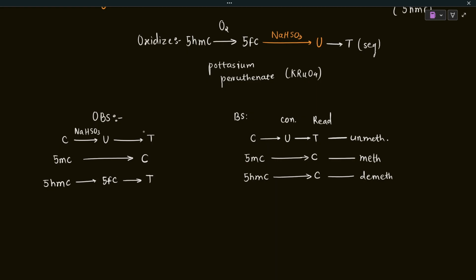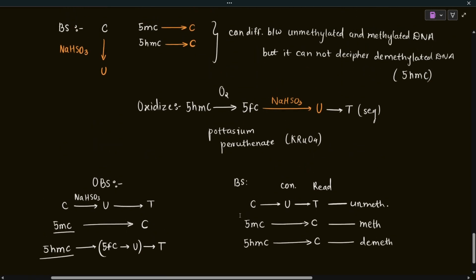So it's one more step that it is converted into uracil, and then it is read as thymine. This is the difference. So now you can differentiate between 5-methyl cytosine as well as 5-hydroxymethyl cytosine in oxidative bisulfite sequencing, and this is how oxidative bisulfite sequencing is able to overcome the limitation.